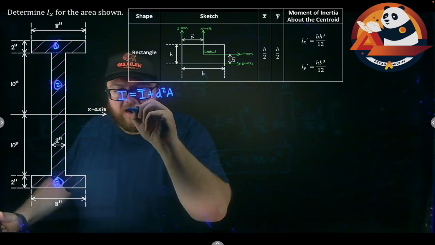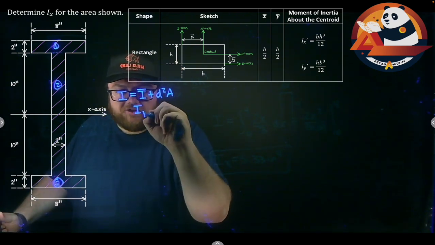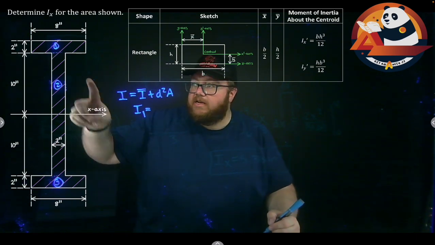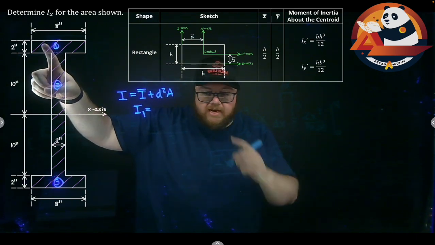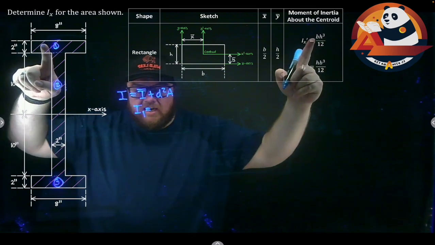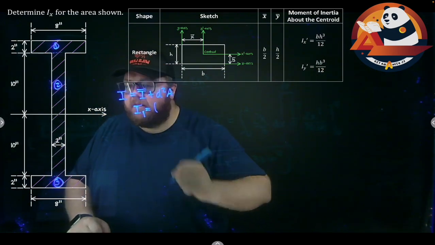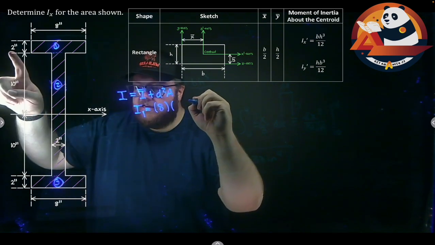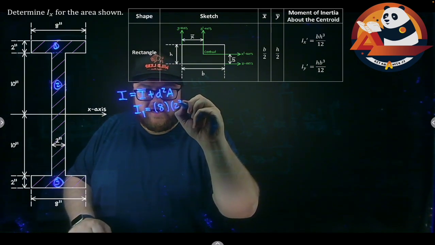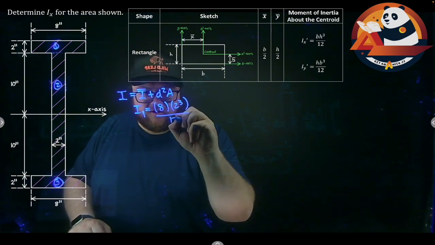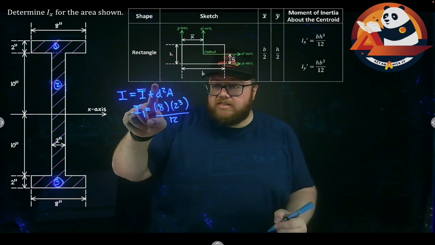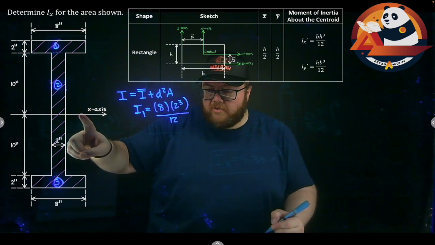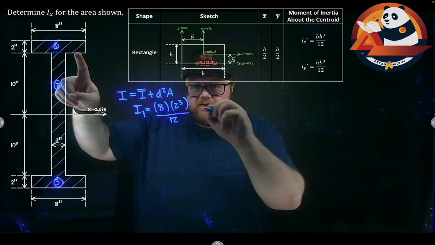Area 1, or I1, should be, so I'm saying my moment of inertia about the x-axis here is the moment of inertia about this rectangle centroid. That'd be base times height cubed over 12. My base of this is 8. My height is 2. 8 times 2 cubed over 12. Plus the distance from my x-axis to the centroid of shape 1. Well, that would go up 10 inches to get to the beginning of shape 1.